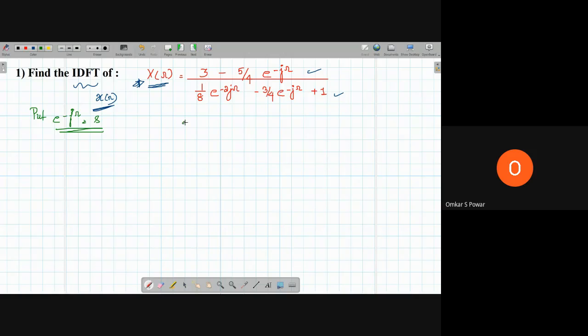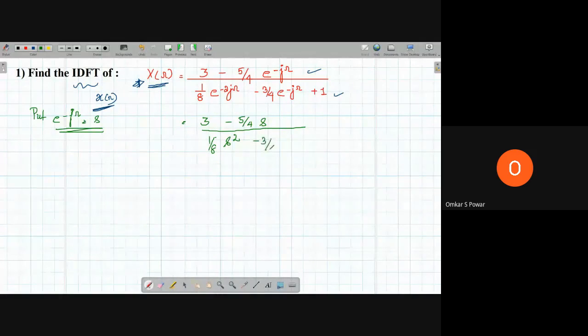So let us substitute slowly. 3 minus 5 by 4 e power minus j omega, which I substitute as s, divided by 1 by 8, here it will be s squared, because it is e power minus j omega, right? Here 2 is there, so it is s squared minus 3 by 4 into s plus 1.